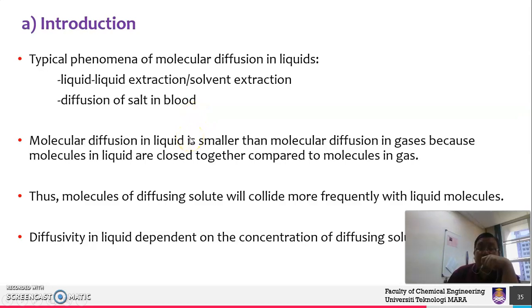As you know, because the molecules in liquid are positioned close to one another, the diffusion characteristics are quite compact, and they have much more possibility to collide with each other. And of course the diffusivity in liquid depends on the concentration of the diffusing solute.